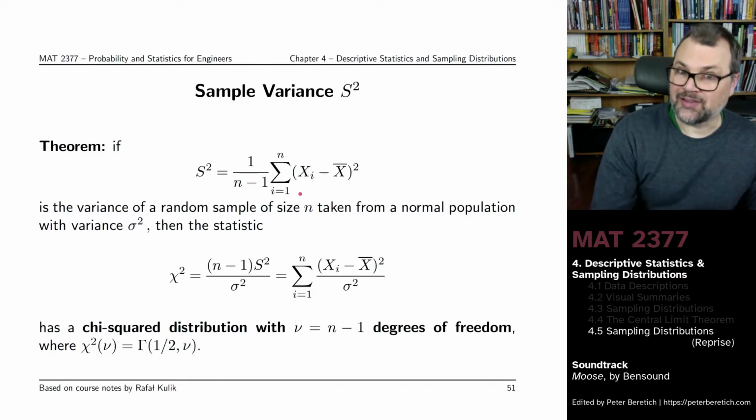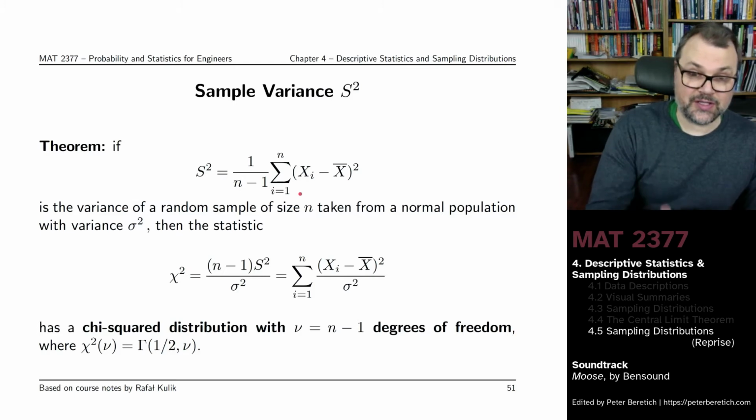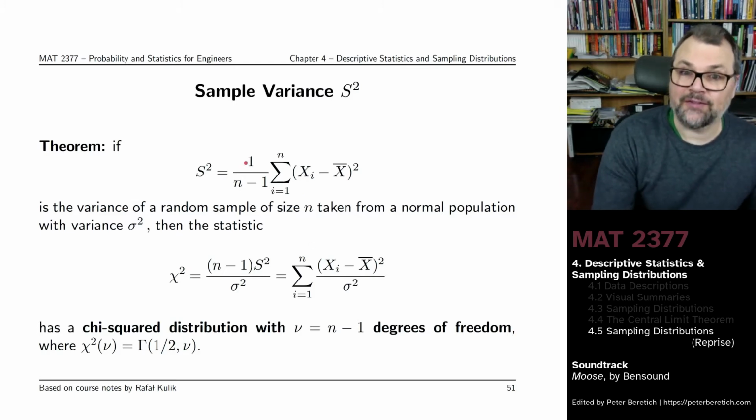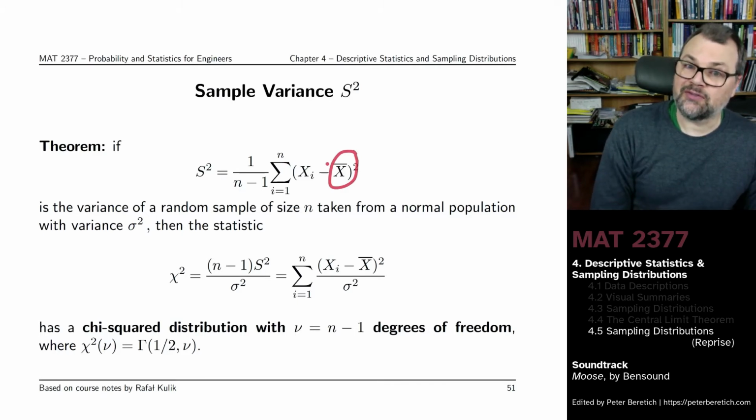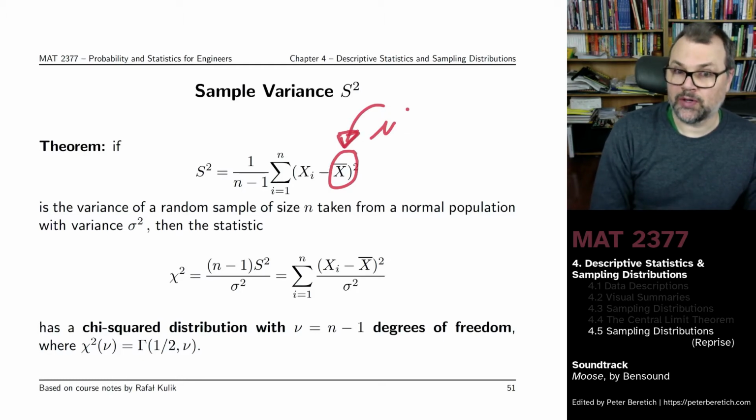Here, you are not dividing by n, the total number of observations in your sample, because you have lost 1 degree of freedom. You've used the values of the sample to compute the sample mean. You would only divide by n if here instead you had the true mean and you knew what it was.